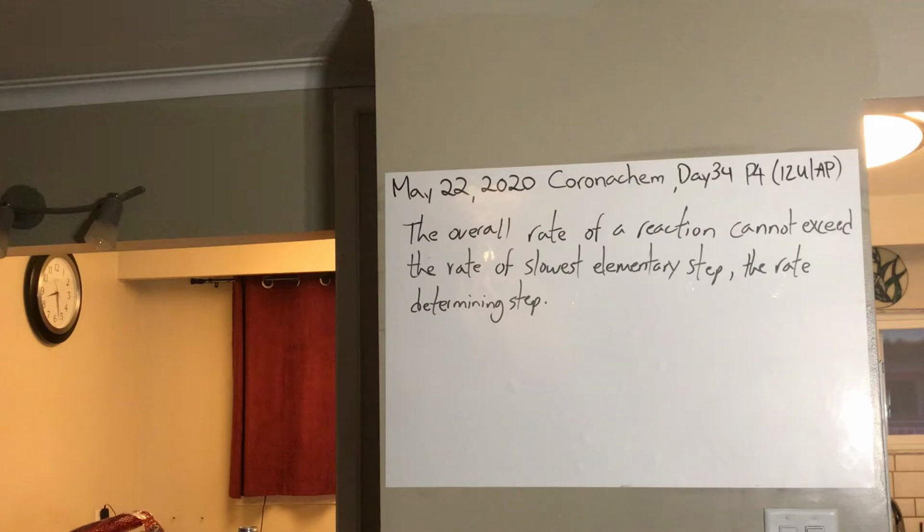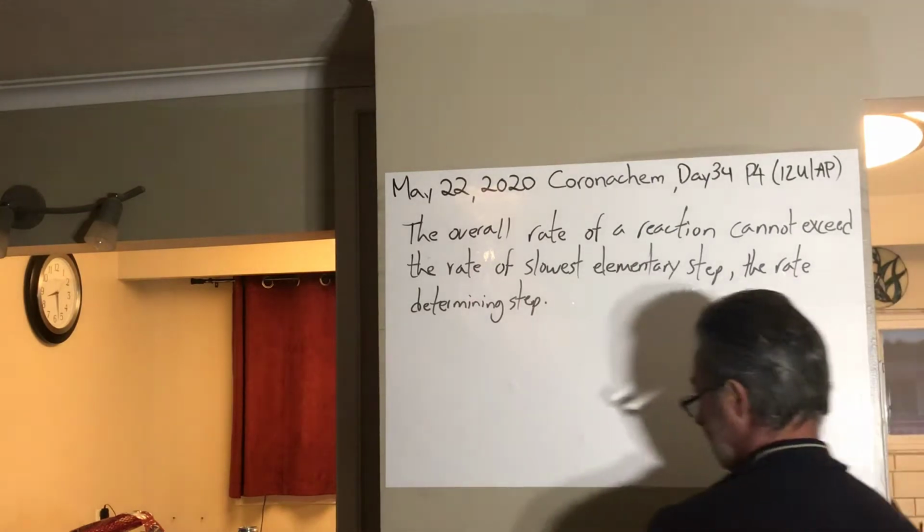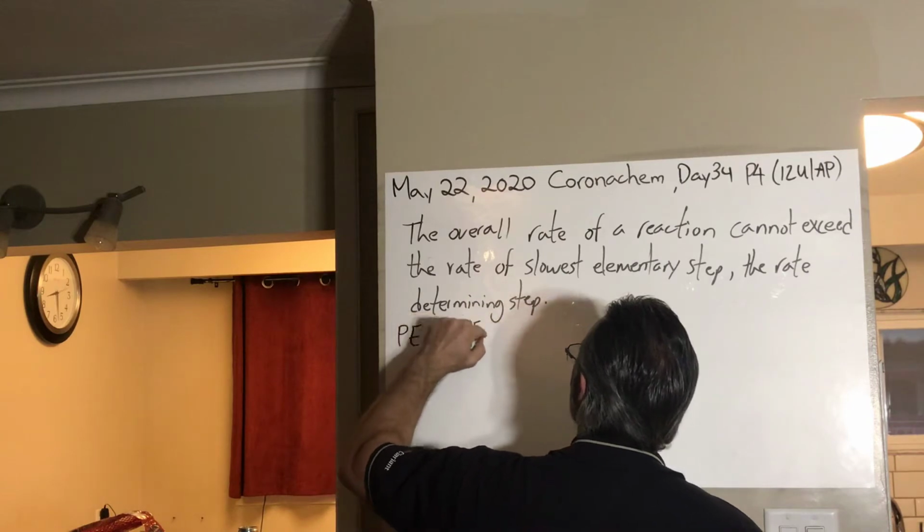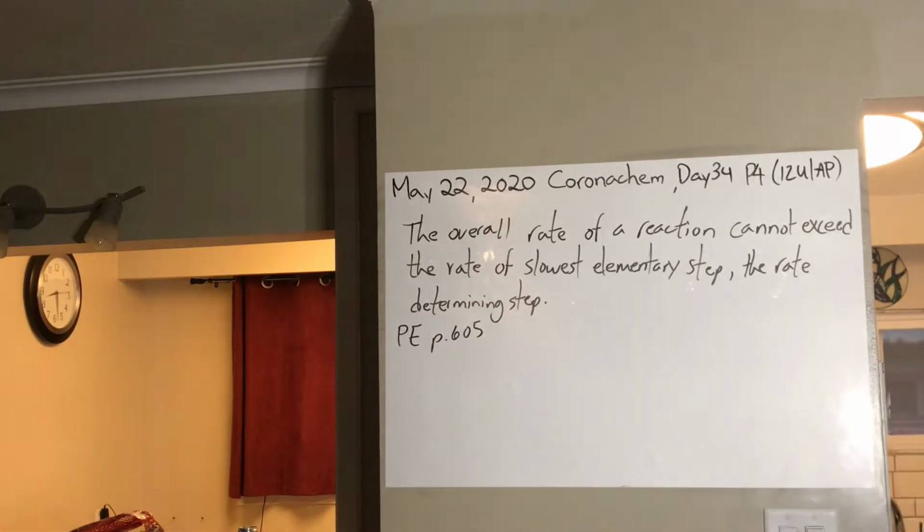The sample exercise is titled Determining the Rate Law for a Multi-Step Mechanism. So on the practice exercise on page 605, they ask the following question.